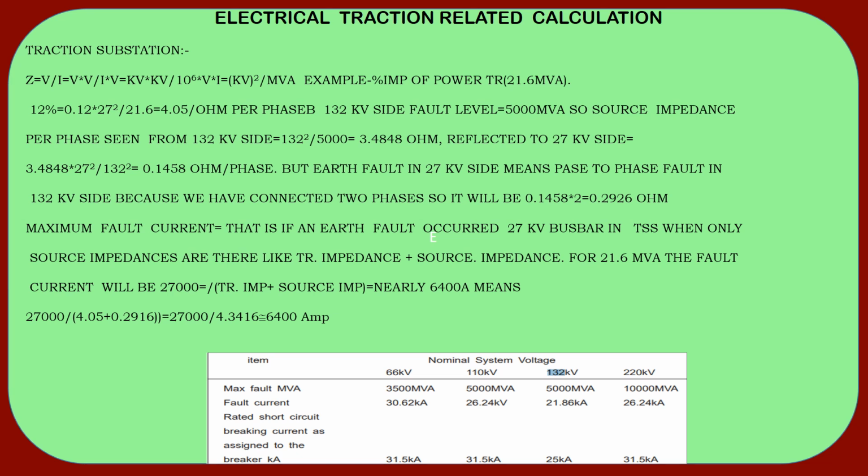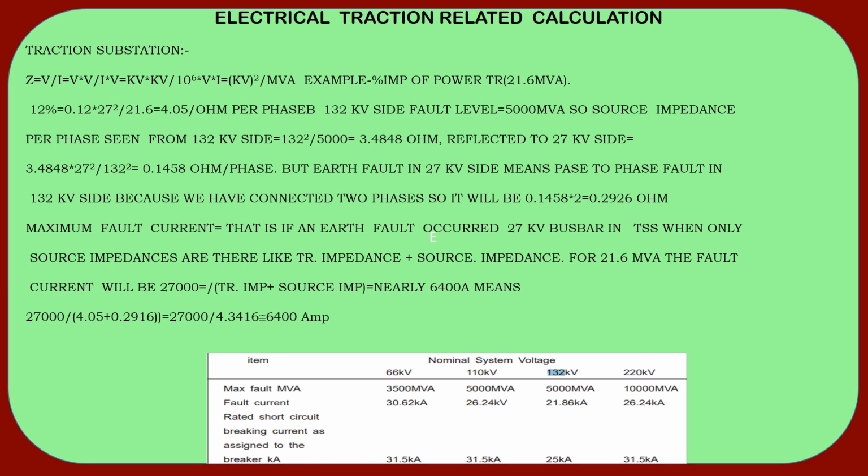Now when the bus connects to earth, only these two impedances will be there, and we can find the amount of current. When we create a busbar earth fault, what is the maximum fault current?